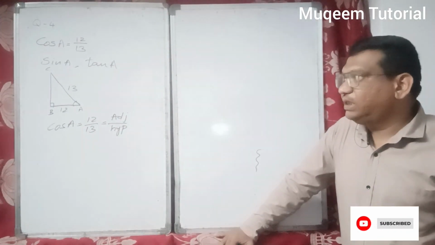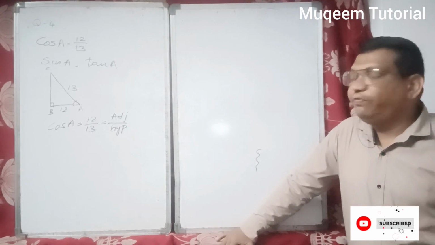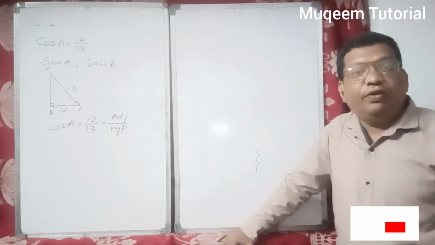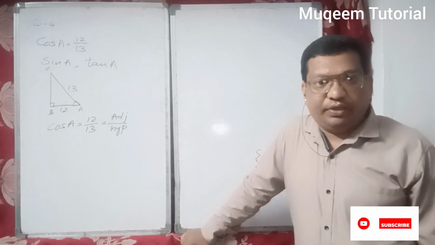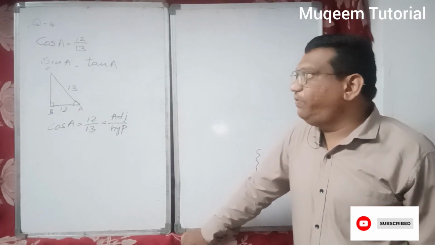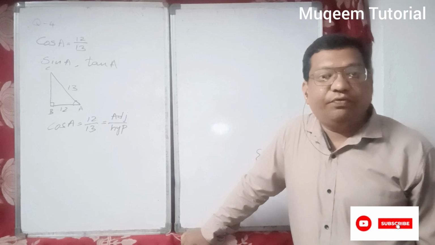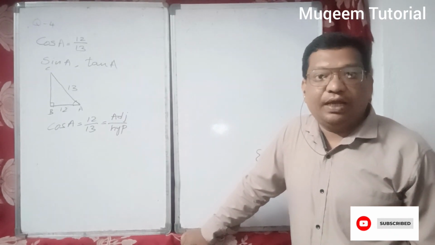We got adjacent and hypotenuse, but we have to find the sine. We know that sine means opposite by hypotenuse. Here opposite we don't have, so what we have to do? We have to find the opposite by the Pythagoras theorem.